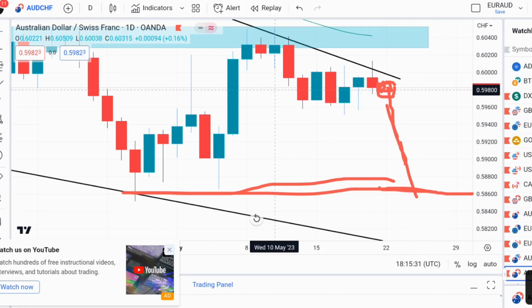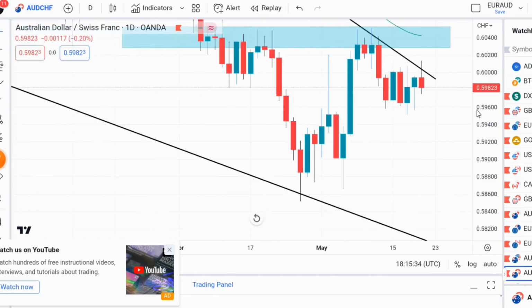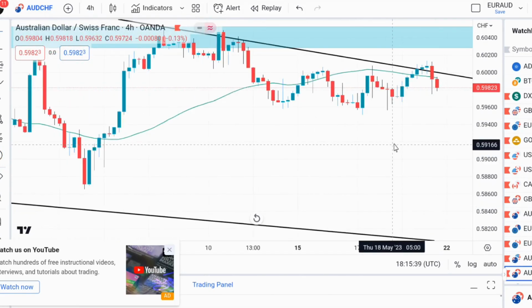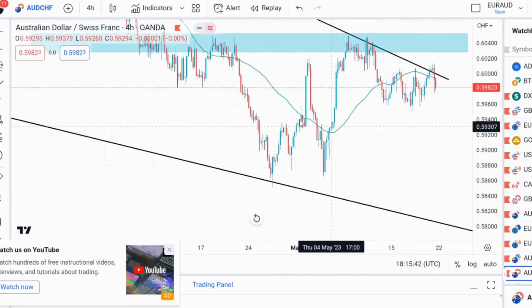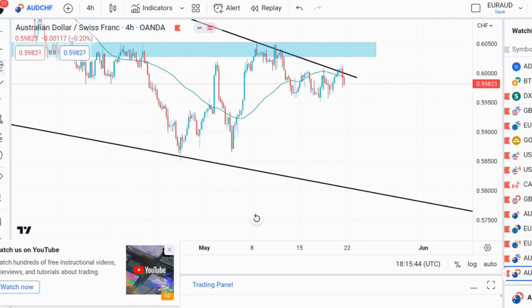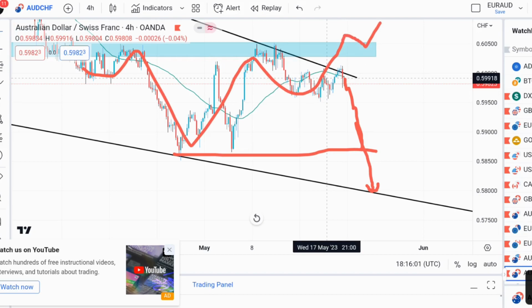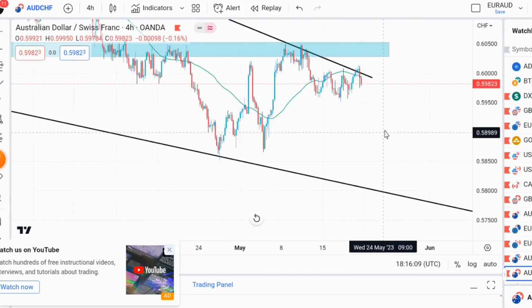If we put it to the 4-hour time frame, it signals that there's a probability of declining back to this low right here, then maybe back to this trend line. So there are two things we are looking at. Is it that we have a formation of head and shoulders and we have a break of this resistance, then move to that level, or we should have a decline? It depends on which candle closes, maybe a bullish candle or a bearish candle.